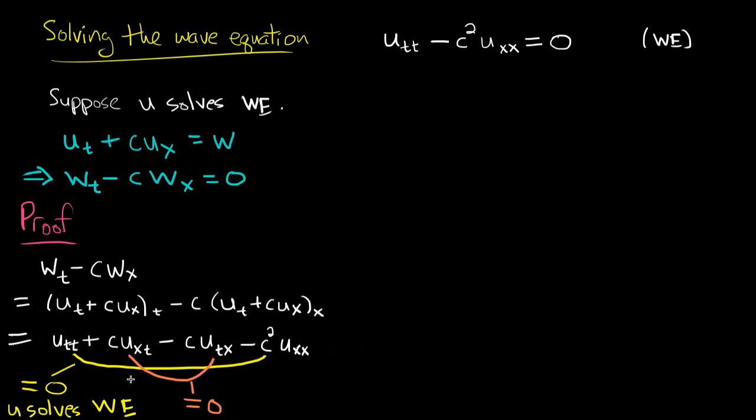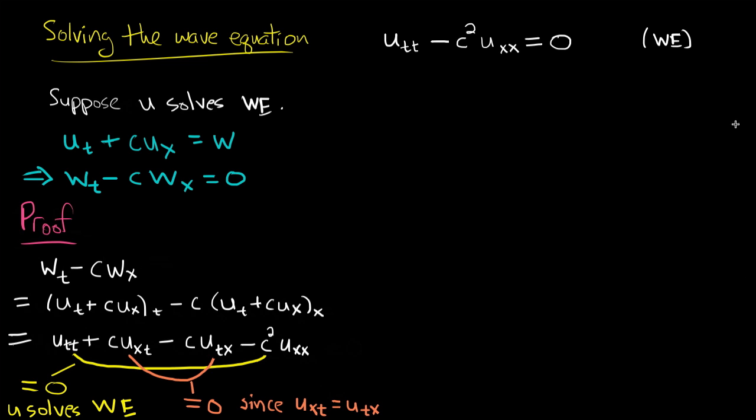And why is that? Whenever U is a sufficiently nice function, the partial derivatives of U commute. So UXT is equal to UTX. This is sometimes called Clairaut's theorem in your multivariable calc class, where you learn about partial derivatives. And this fact really has nothing to do with the wave equation at all.